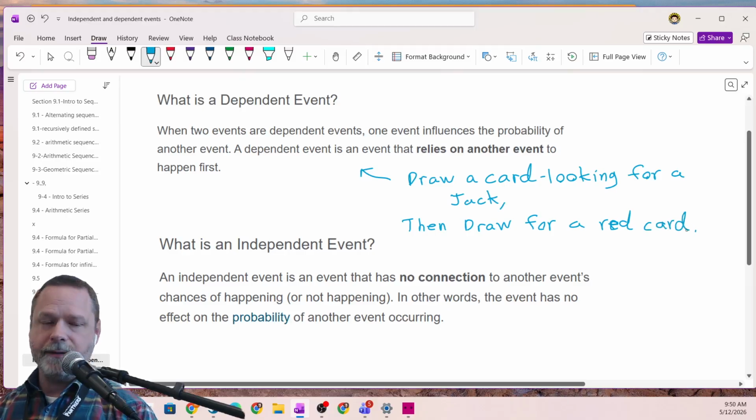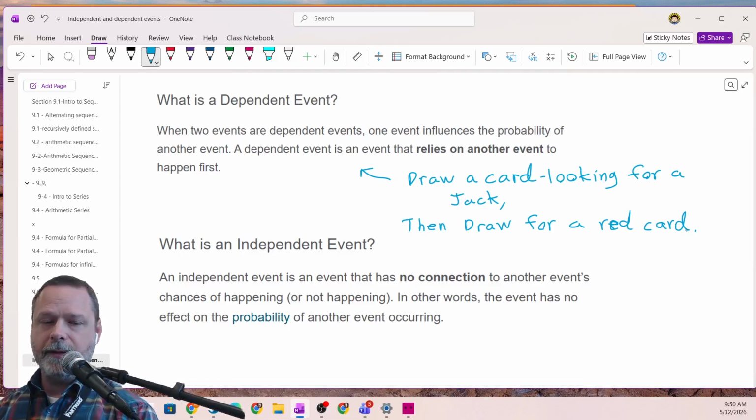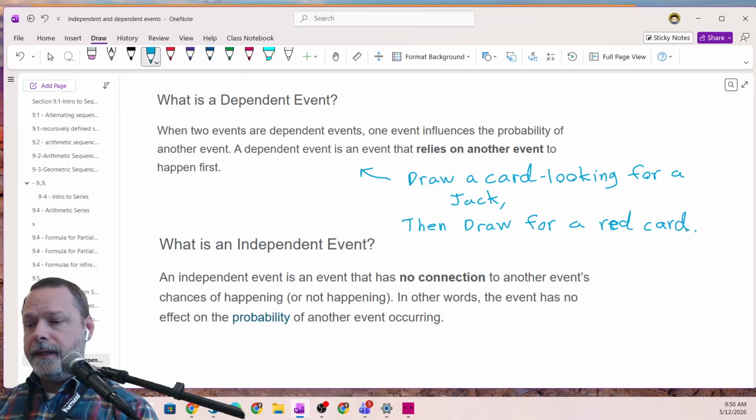Those two things are very much dependent. If I want to know the probability of first getting a jack, then a red, those are dependent events, because what if the jack was a red card? Or even if the jack wasn't a red card, there are fewer cards in the deck after I get the jack out. One thing affects the other.